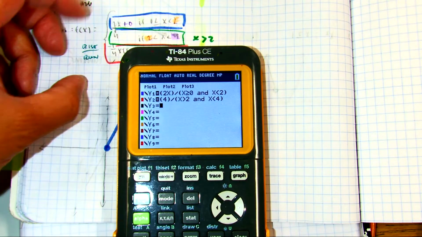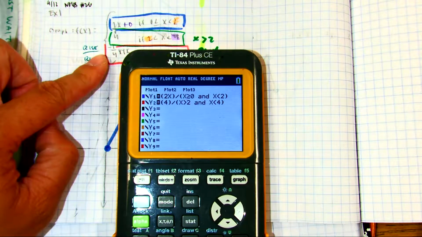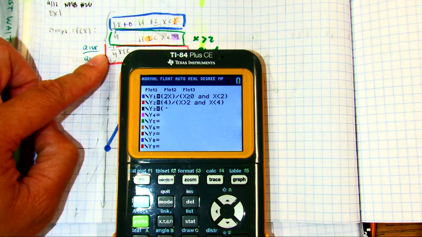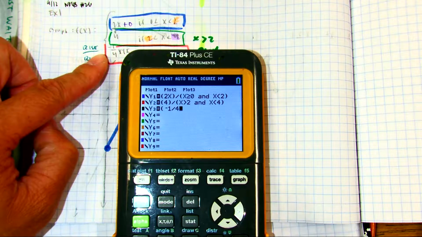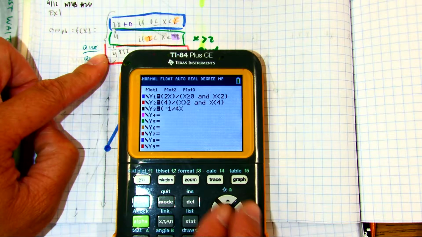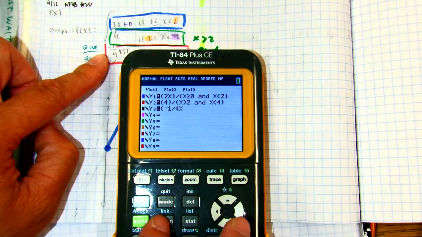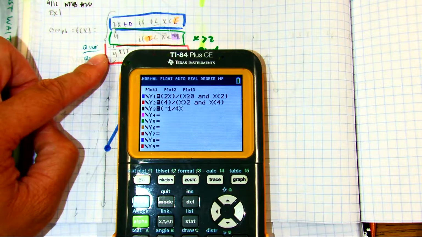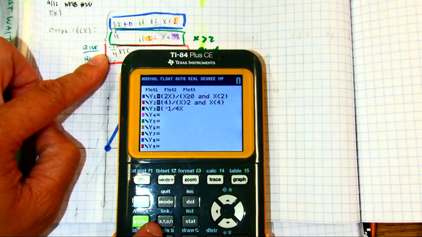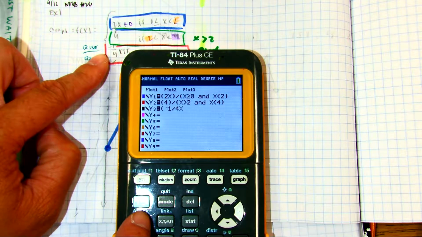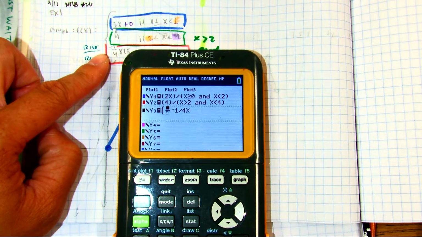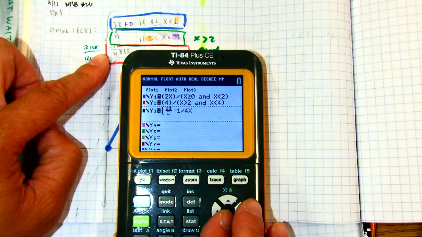And then here I have parentheses, negative 1 divided by 4. X, who's that person in this class? Alpha, what did you press to get the fraction? Alpha y? Alpha y equals. Oh, good job, you. 1 divided by 4.